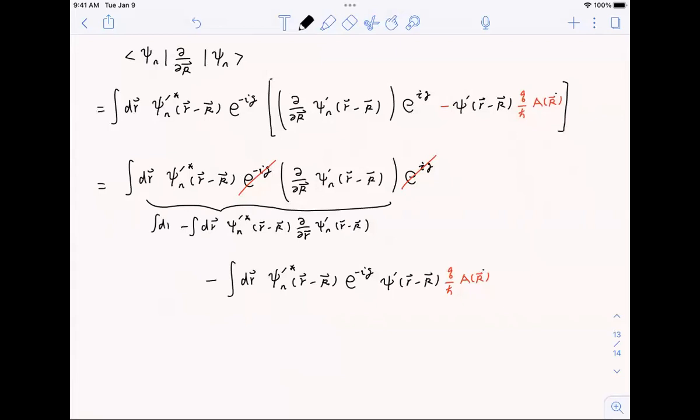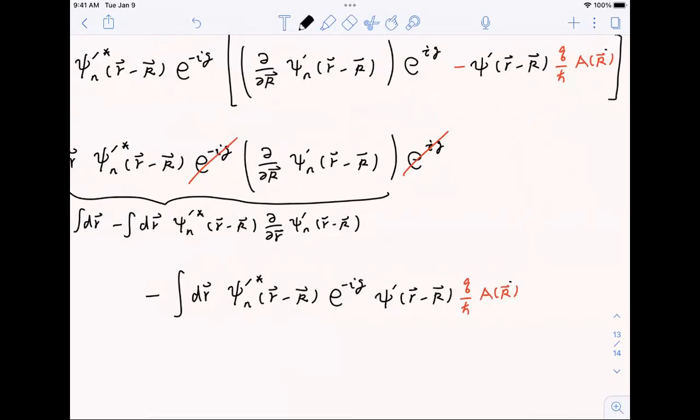Okay, derivative. So you just recall that this is just the momentum operator with a constant. So this is proportional to the momentum operator, I mean the derivative, right?